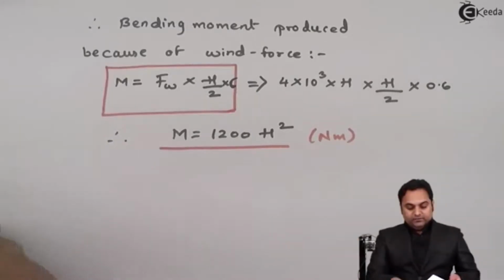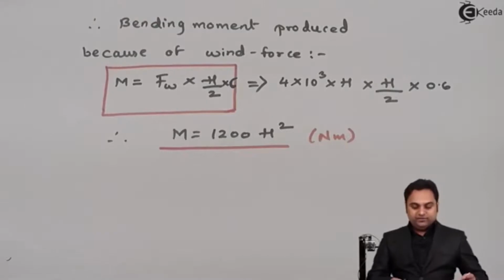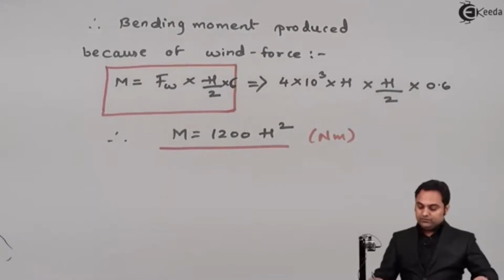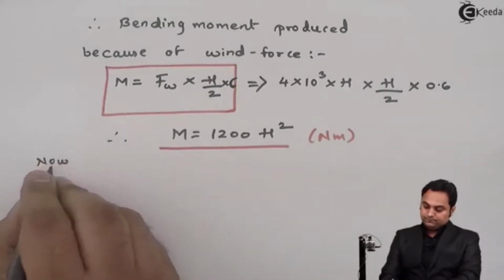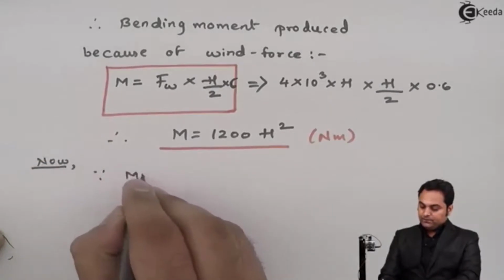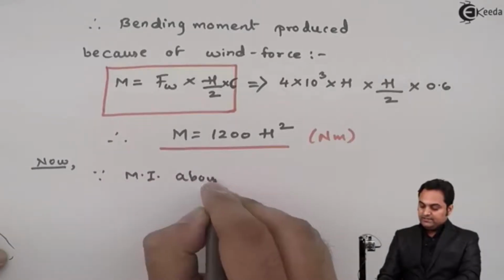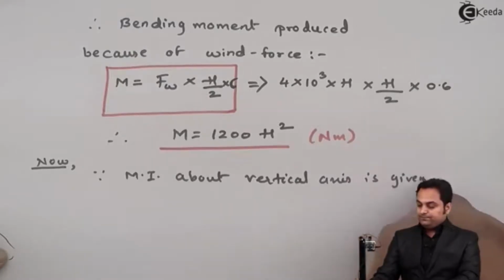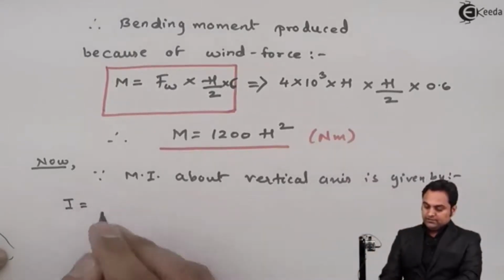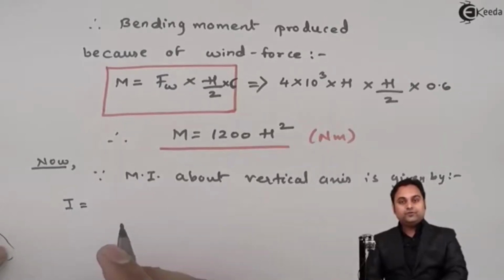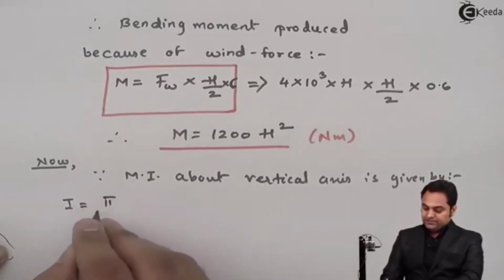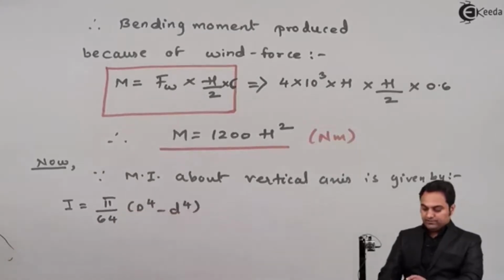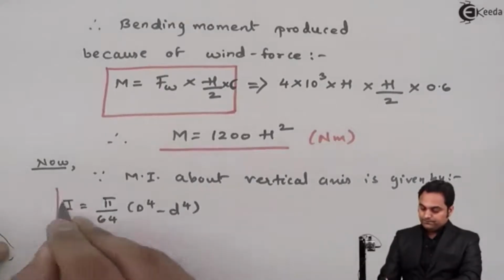Now once we have bending moment, the next thing is to get the moment of inertia for the section, and for that I'll write down, since moment of inertia about vertical axis is given by I is equal to, here we have hollow circular section, so the moment of inertia is pi by 64 times capital diameter raised to 4 minus small diameter raised to 4.